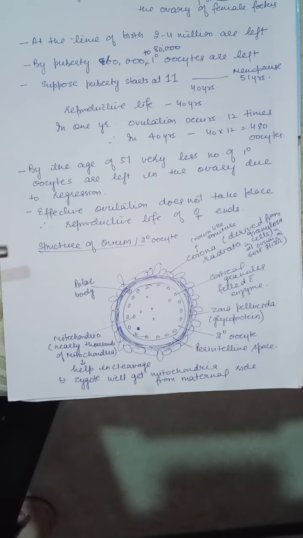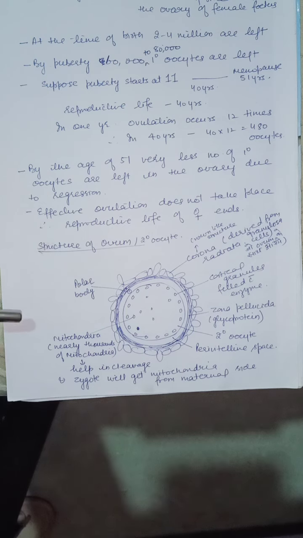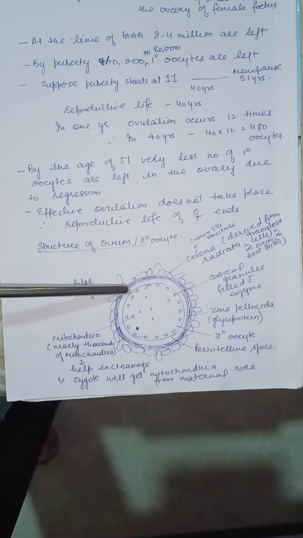Here I have shown the diagram of ovum. See, ovum has cytoplasm. It contributes cytoplasm to the zygote because sperm only contributes its nucleus or chromosomes, whereas egg contributes the cytoplasm as well. This is the second polar body which is released.